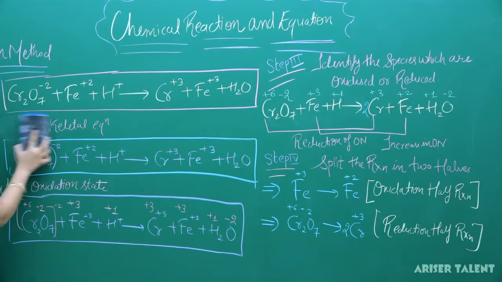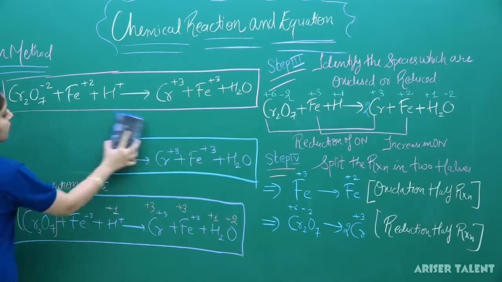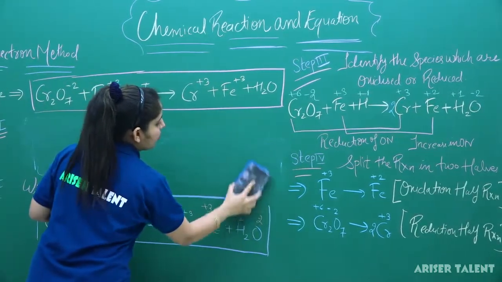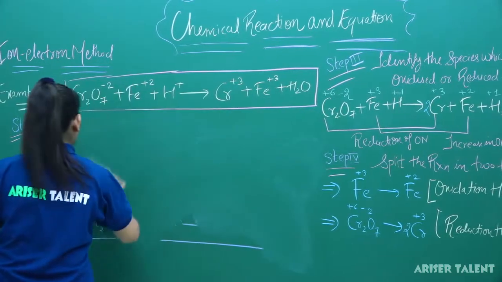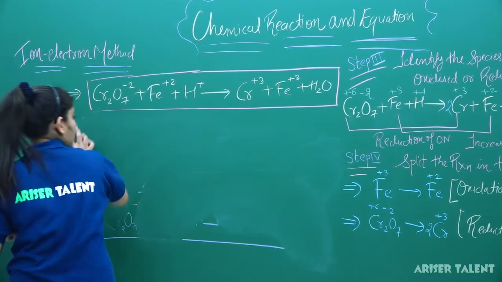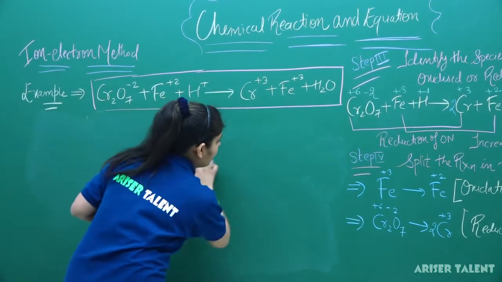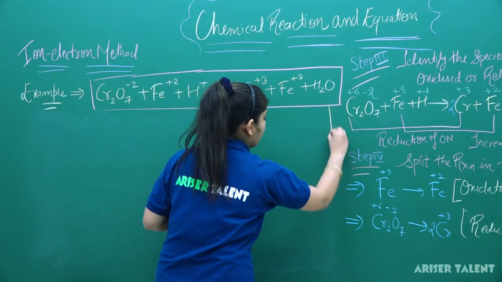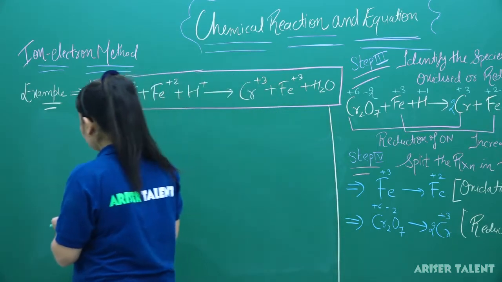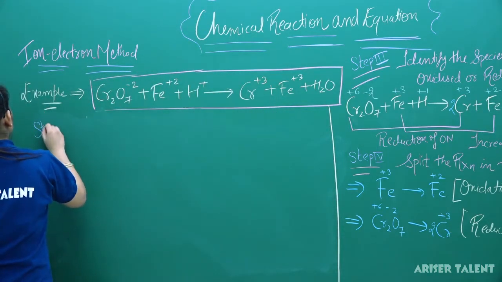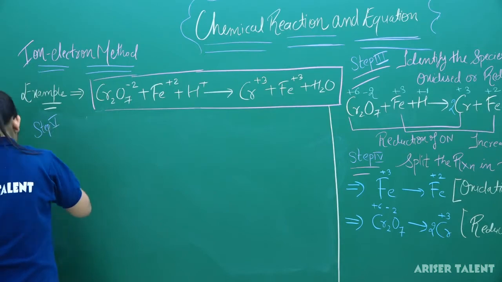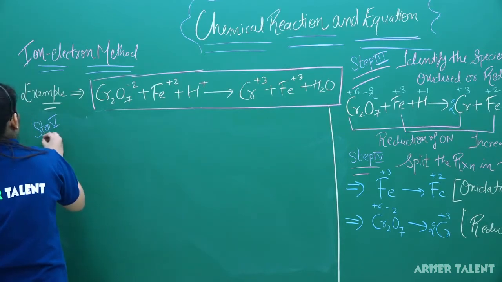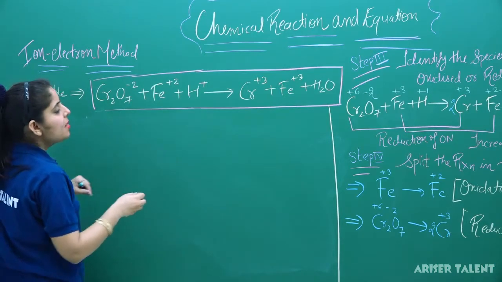Now our step number 5 will be to balance the number of electrons.